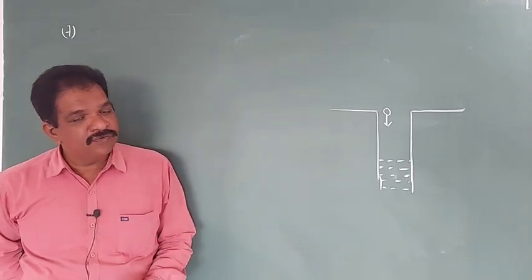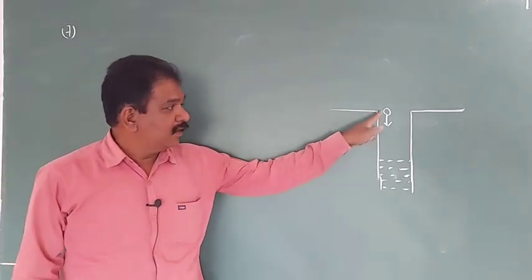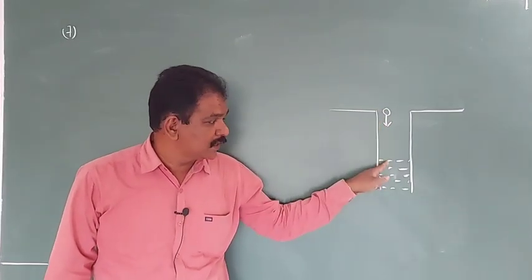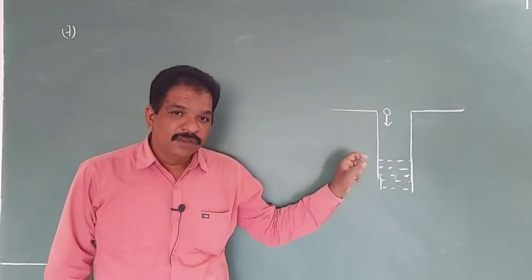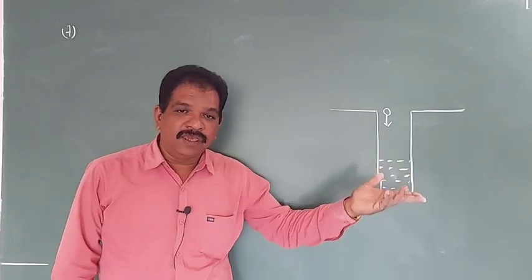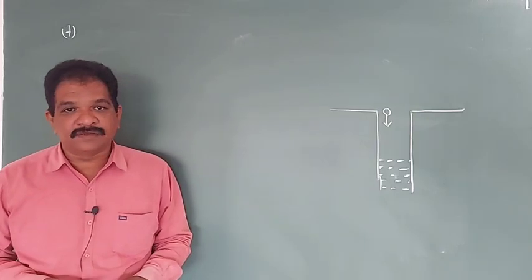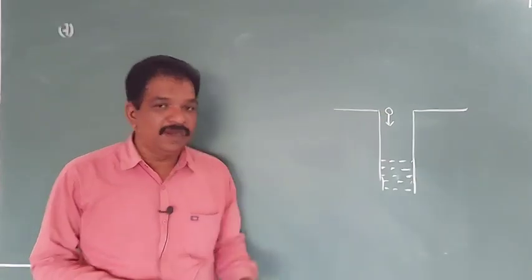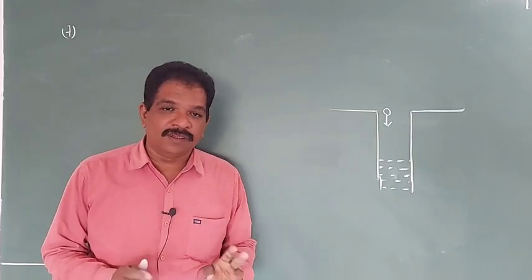The splash of sound means what? When this stone touches the water, it will produce sound. That sound we heard after t seconds. Then find the depth of the well. Questions like that will be there.